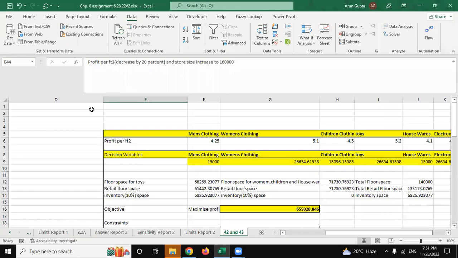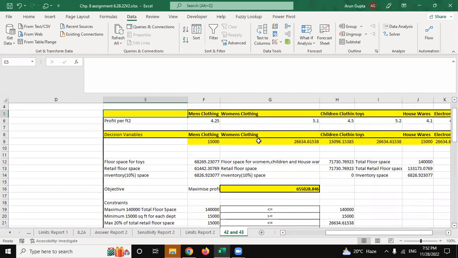So let me go to this. This is my Excel solution. Here, as the question mentioned, we have categories: men's clothing, women's clothing, children's clothing, toys, etc. And the second part is the decision variables, where we have put the decision variables using Excel Solver.